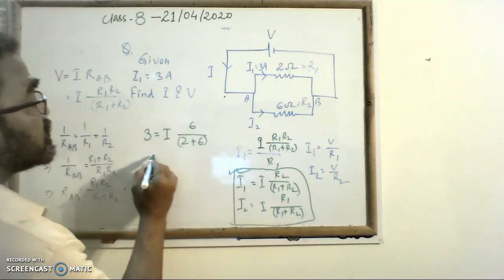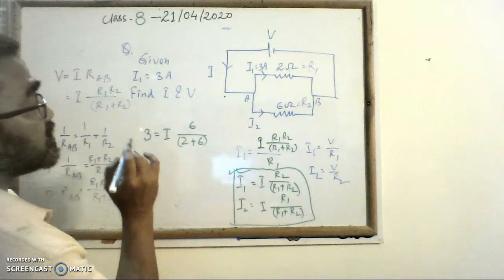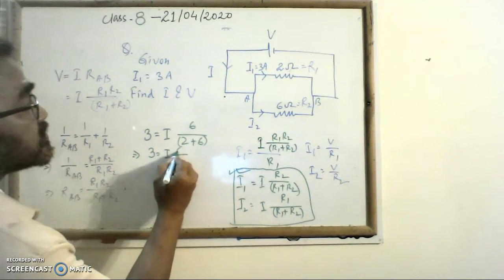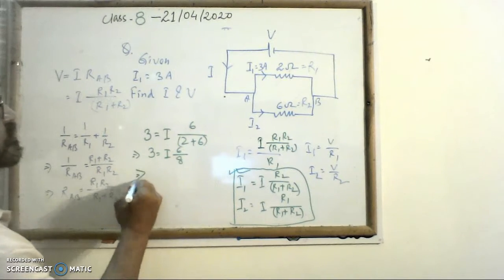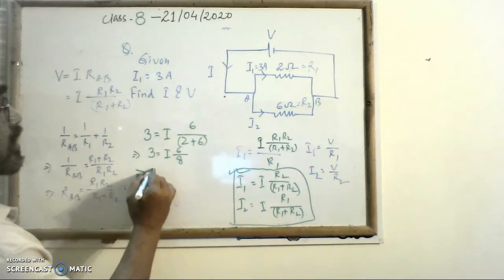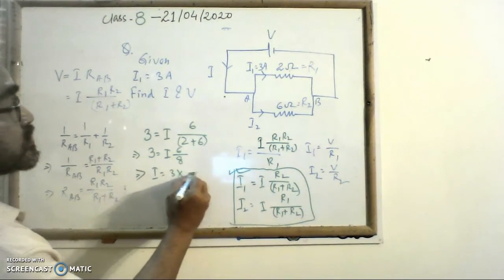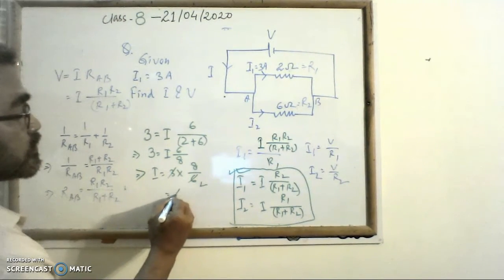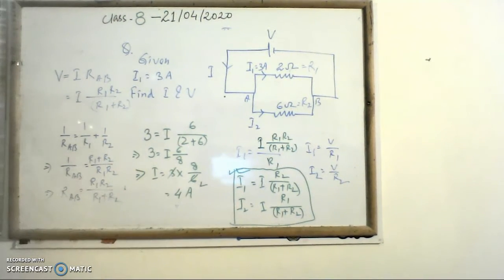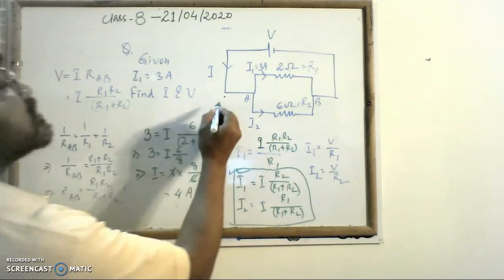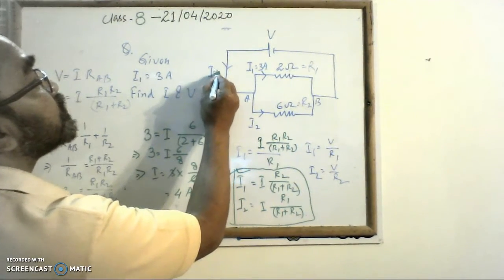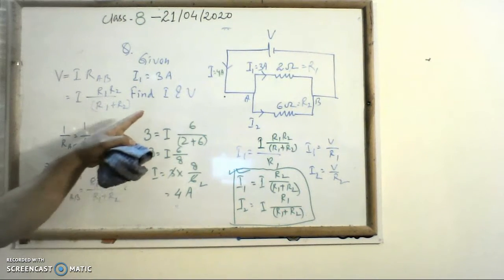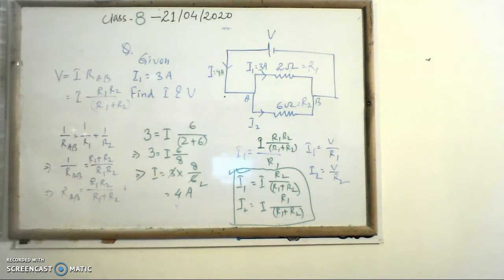Okay, so from this you can find out the value of I: 6 by 8. I is equal to 3 into 8 by 6, which is 4 ampere. So I is equal to 4 ampere. Your current is 4 ampere. So I is calculated.